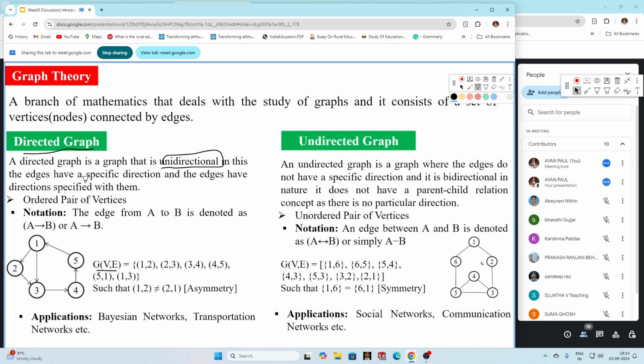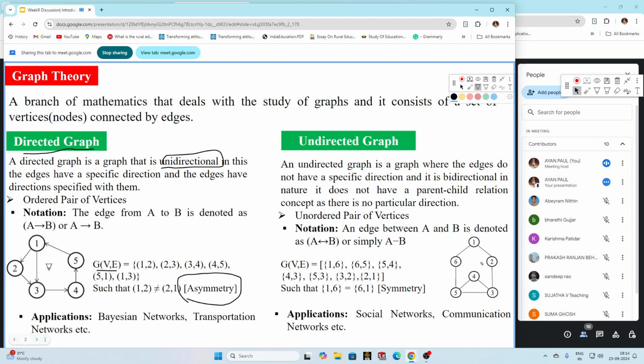This is the property of a directed graph: it contains asymmetry. These links are not symmetrical, they are asymmetrical. That means 1 2 is not equal to 2 1, because there is a direction from node 1 to node 2, or 2 is a child of node 1, or 1 is the parent of child 2.